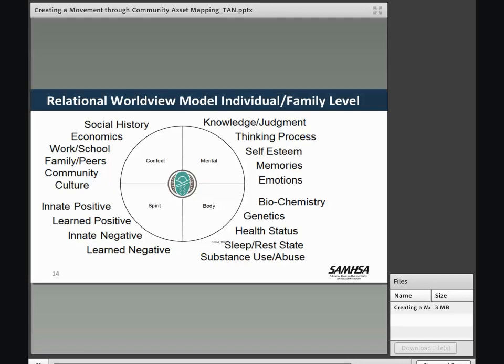In the mental quadrant, these are our thinking processes, our self-esteem, our memories, our emotions. In the body quadrant, these are our genetics, this is our health status, our sleep and rest. And in the spirit quadrant, we have innate positive, learned positive, innate negative, learned negative.